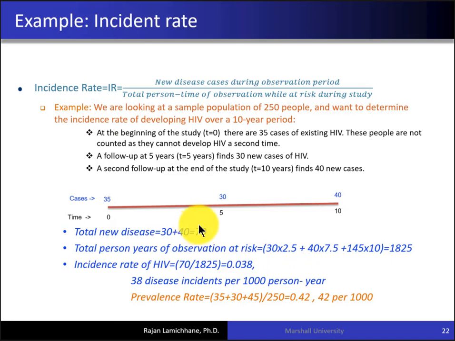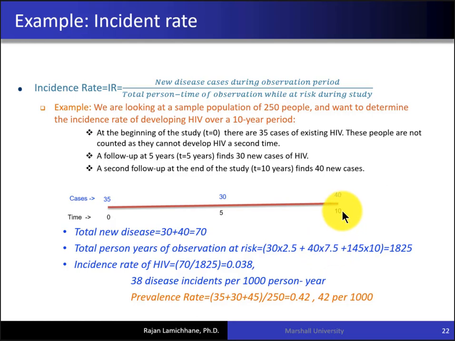Similarly, these 40 individuals developed the disease at 10 years. They were diagnosed at that time, but we assume that they might have developed the disease between 5 and 10 years. And the best way to represent that time is 7.5 years. So we assume that these 40 individuals did not have disease until 7.5 years. So the total person-years is 40 times 7.5.